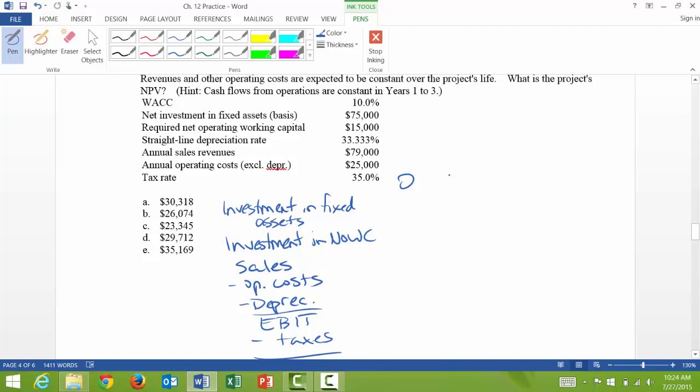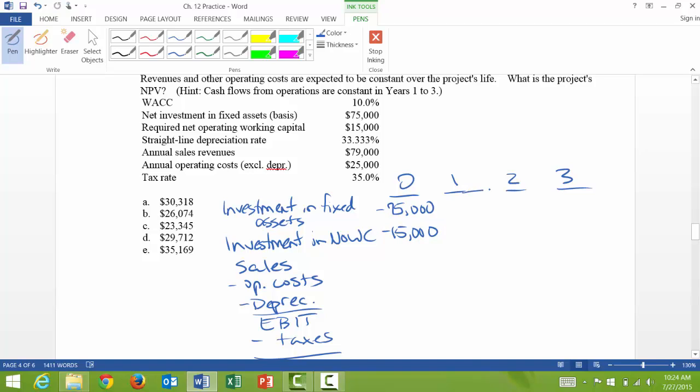And then we'll have cash flows 1, 2, and then 3. So we have numbers in these 4 columns. The investment in fixed assets costs $75,000 to acquire. And then the investment in net operating working capital is a time 0 cash flow, which is negative $15,000.